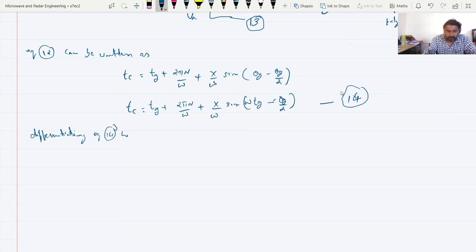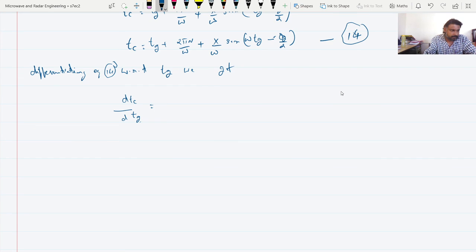What is the differentiation? The term Tg with respect to Tg will be 1. The next term will be 0 plus x by omega cos omega Tg minus theta g by 2, because the differentiation of sin omega Tg minus theta g by 2 is cos omega Tg minus theta g by 2 into omega. So omega and omega get cancelled.